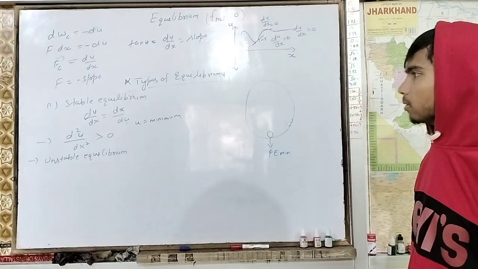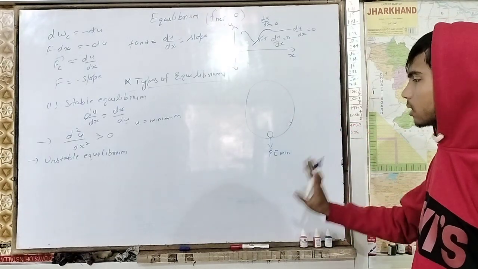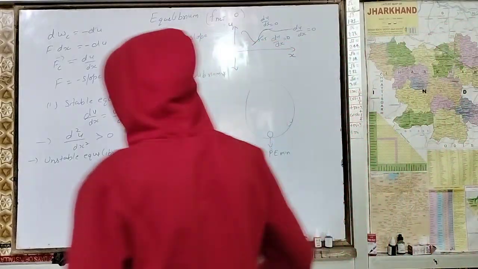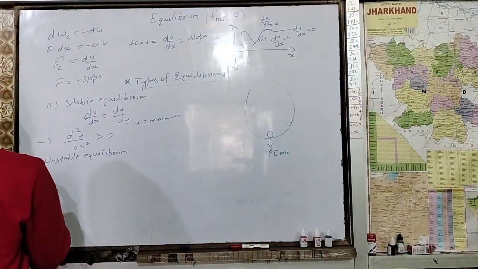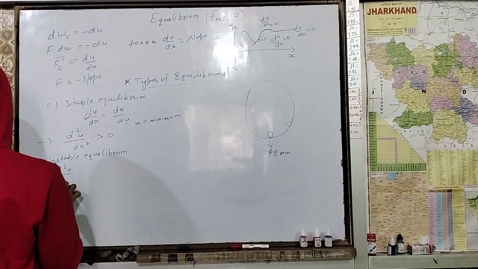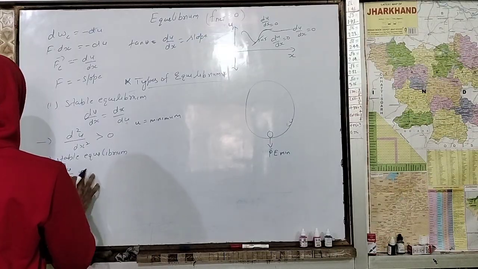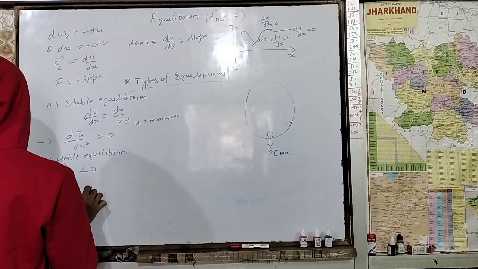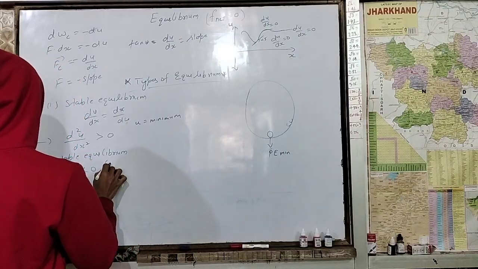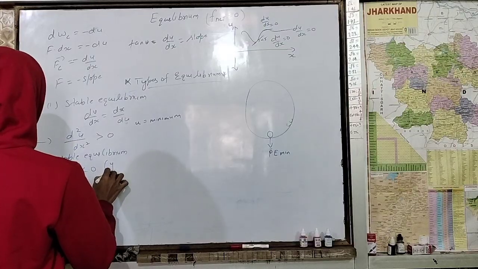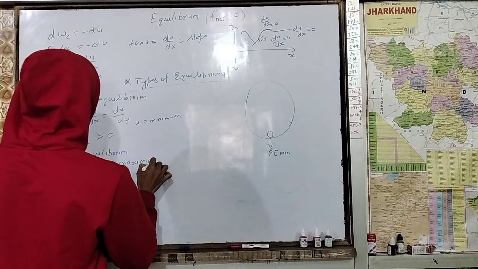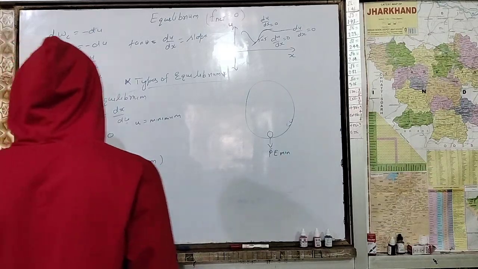This will come again to the same position. So it means the double differentiation d²U/dx² will be negative, so U will be maximum.